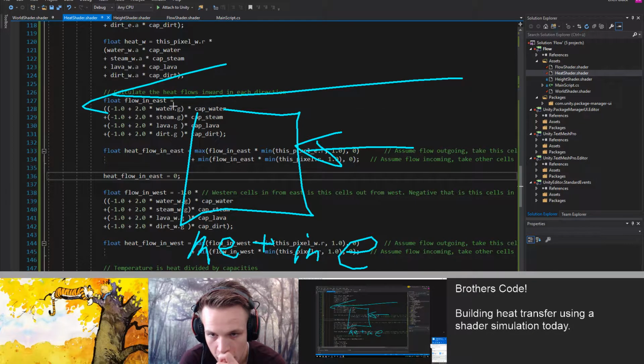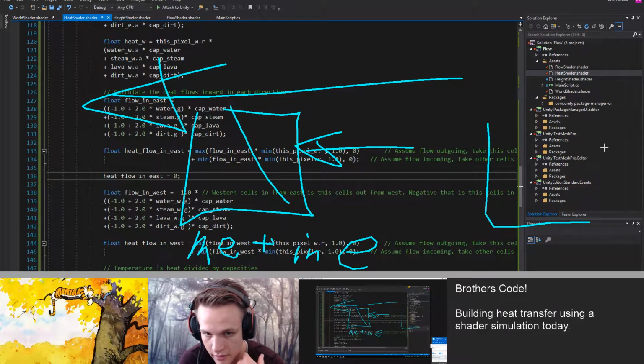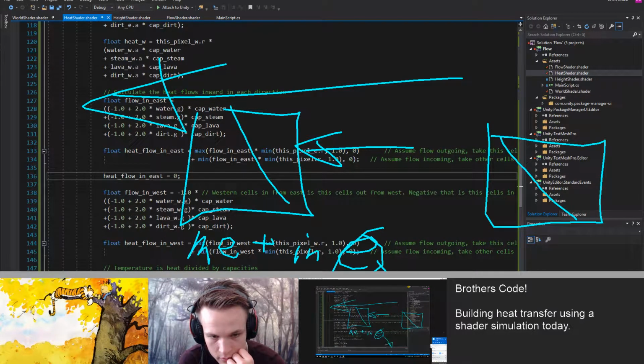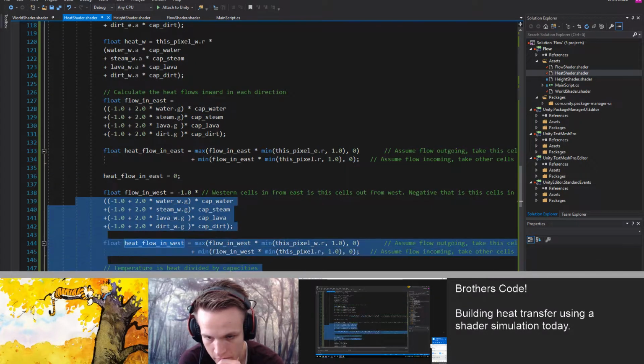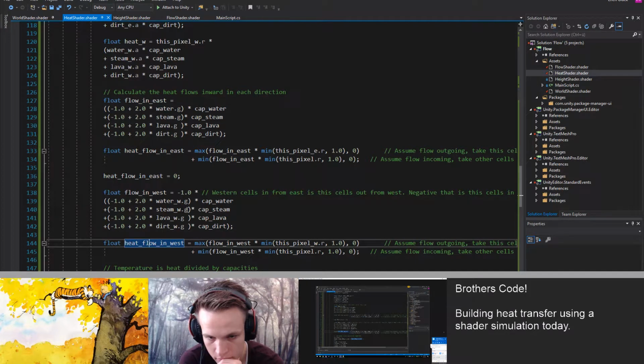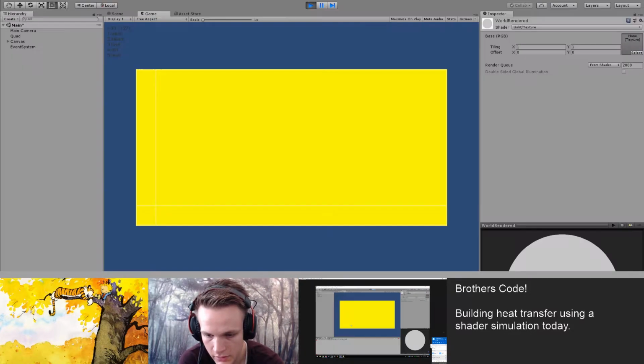And if the flow is in this direction, it just keeps going up. And the cells over here kept going down because east was negative, right? Okay. Thank you. Just want to make sure we don't skip something. So this should do the same thing, but in reverse, because west is alive and east is set to zero.